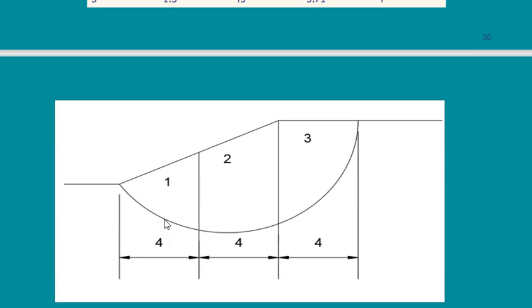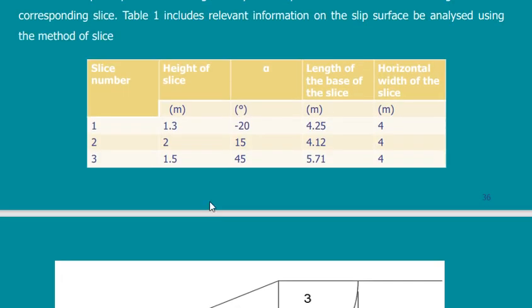I would have to know the angle of the tangent at this point, at the mid-point and at this point. I have to calculate the height here, the height here and the height at the mid-point, and so on. There are many calculations that need to be done graphically, so usually it is given.